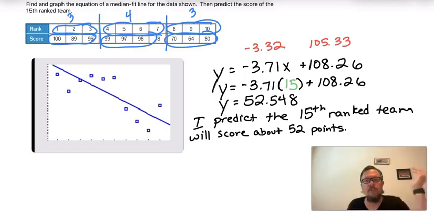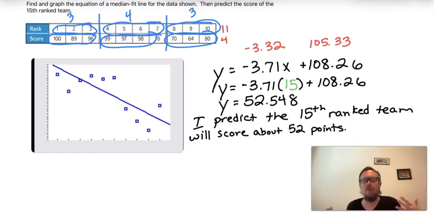So for example, if we looked at this set of 10 points, and let's say we added on the 11th place team, and the 11th place team scored 4 points. That's an example of an extreme outlier because we have one team that is way, way, way far away from everyone else. That 1 point can really affect a best fit line, but wouldn't affect a median fit line at all because when you use the median, you're using the point that's in the middle.